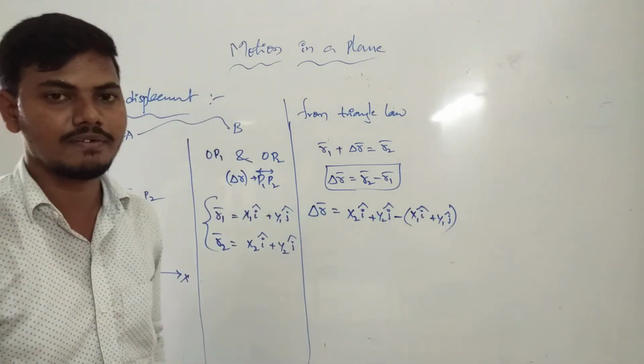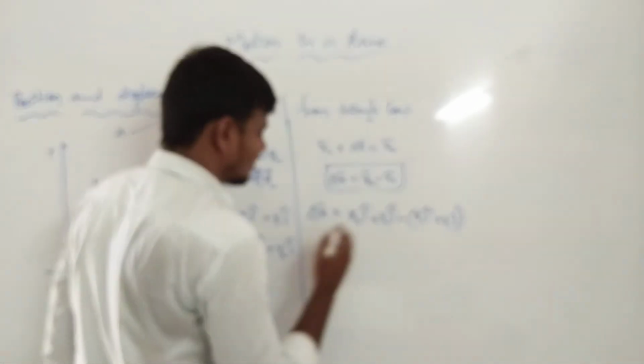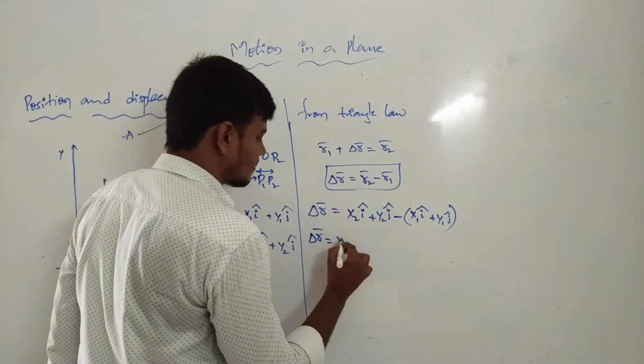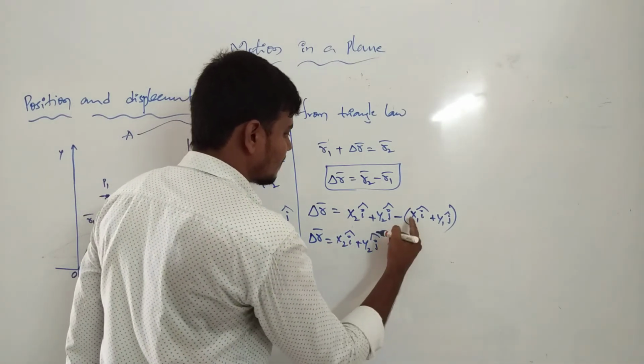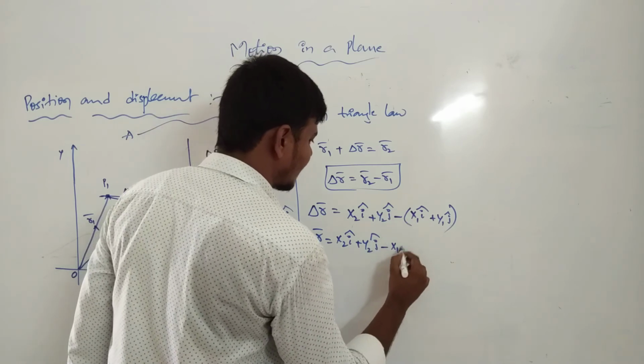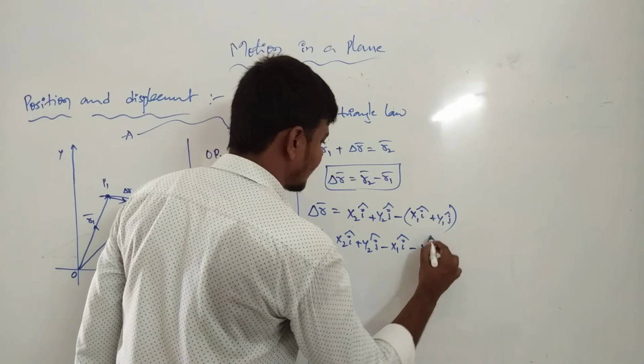The negative goes inside: delta R bar equals x2 i cap plus y2 j cap minus x1 i cap minus y1 j cap.